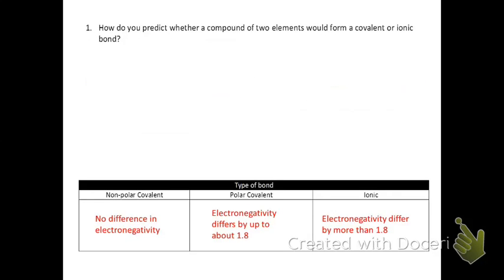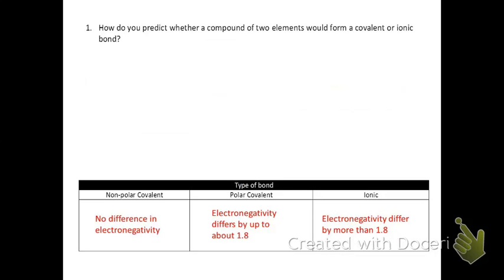All right, so one last concept we need to understand, and that is our last essential question, is how do we predict whether a compound between two elements will form a covalent or an ionic bond? And this is pretty simple. You just have to remember one number, and that's 1.8.